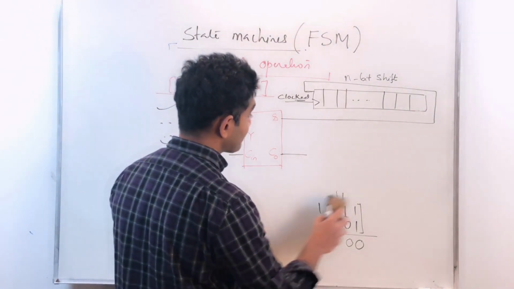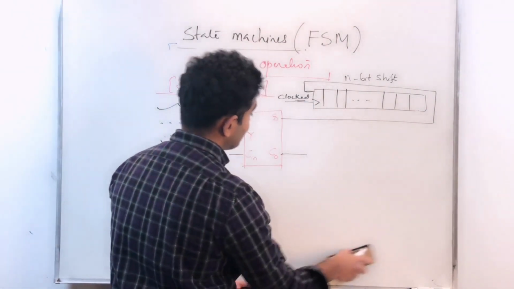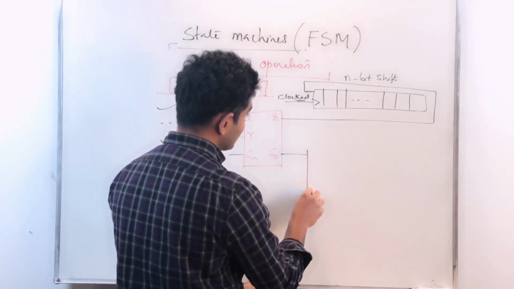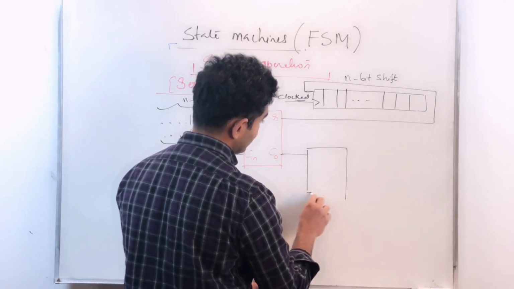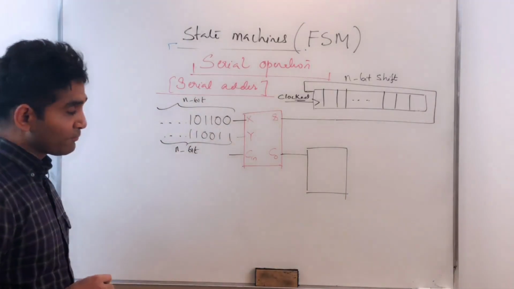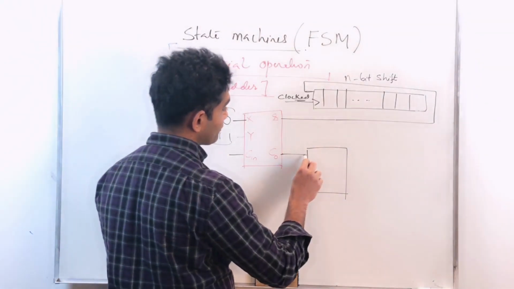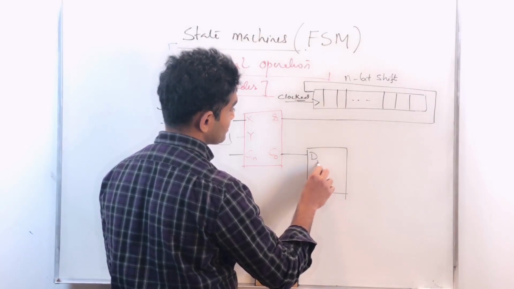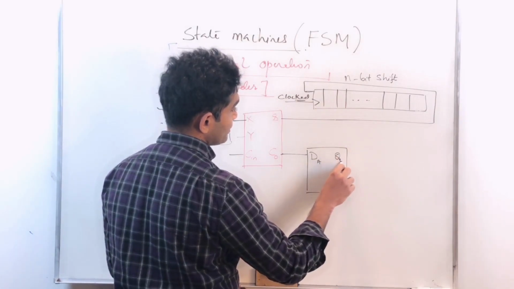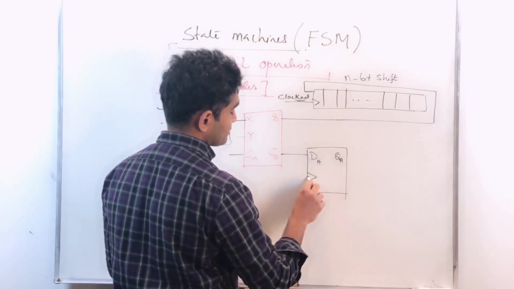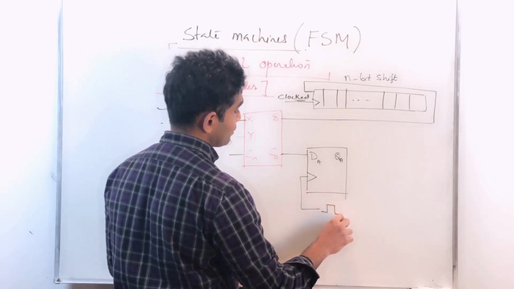Everything has to be synchronized with the clock. So in this case, the obvious choice is to have a flip-flop here that takes in the carry out information. Let's say that's TA, QA. That's synchronized with the clock, the same master clock.